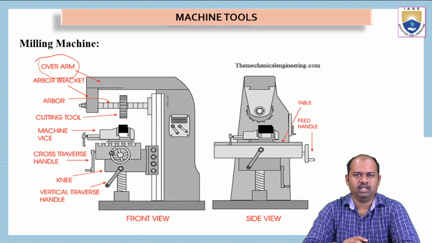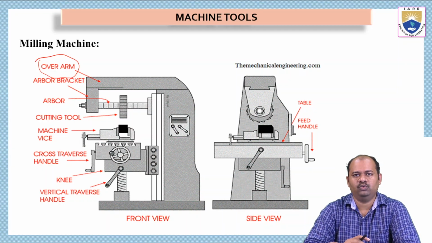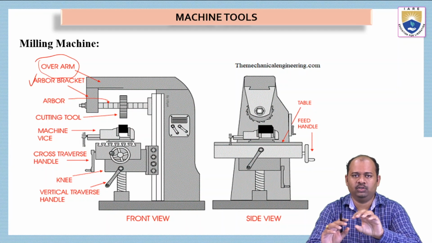The overarm is a cast iron part which is made in order to hold the workpiece or the tool. It is used to hold the tool post, so the tool post is attached to this. And then we have the arbor bracket. The arbor bracket is a device which is used to hold the tool post arrangement.